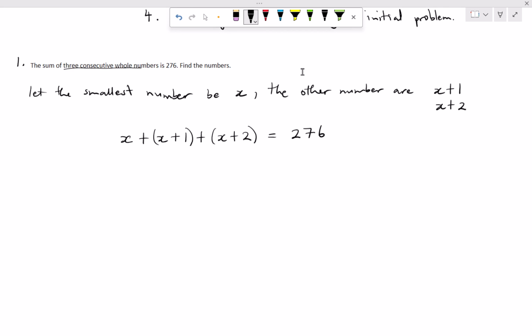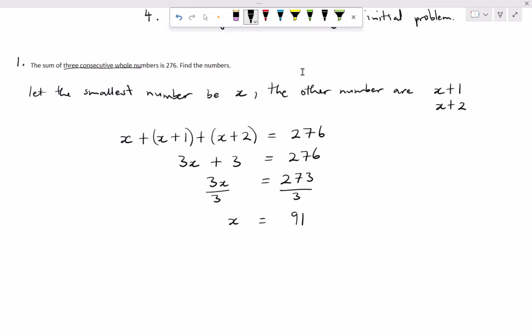Grouping the like terms together, x plus x plus x gives us 3x, plus 1 plus 2, that is 3, is equal to 276. So we remain with 3x is equal to 276 minus 3, that's 273. Then we divide both sides by 3 to get the value of x. So the value of x is 91.